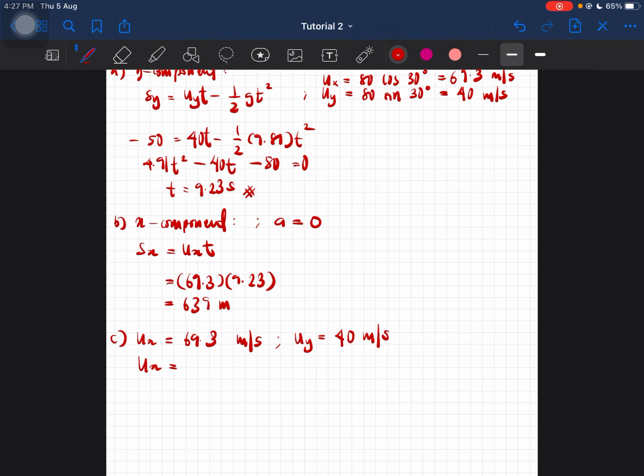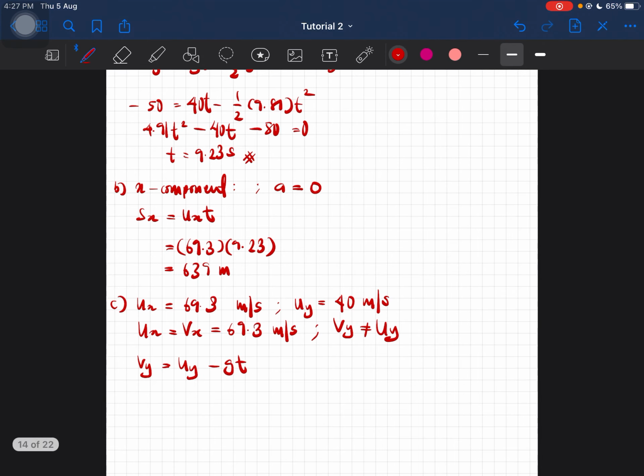Okay, so ux would be equal to the final velocity at the x component, which is 69.3 meters per second. And then for the final velocity vy, there is acceleration at the y component, so it won't be equal directly to uy. So how do we find that? We are using this formula, vy equals uy minus gt.